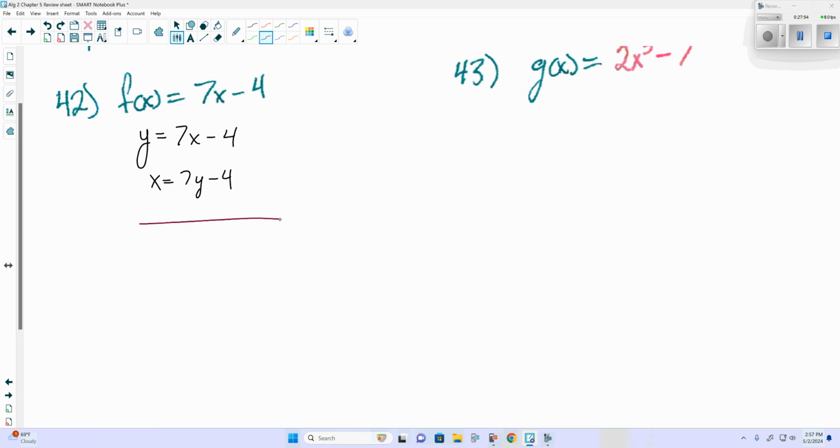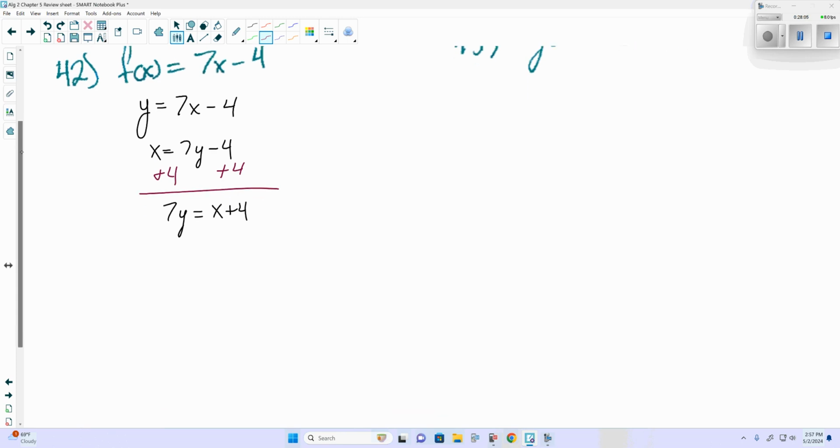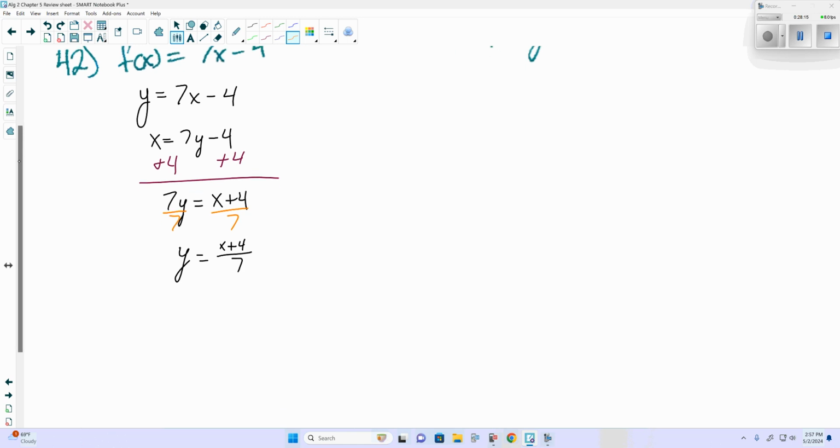And the first thing we can do to solve for y is add 4, telling us that 7y is equal to x plus 4. And we can divide both sides by 7, telling us y is equal to x plus 4 over 7.